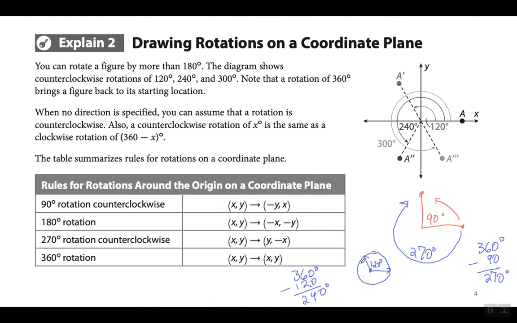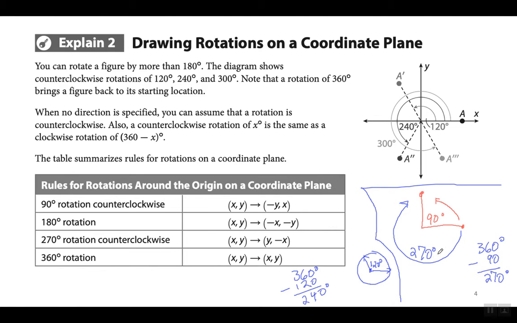Okay, now why am I bringing that up? Because you may have questions where they rotate a figure and it's multiple choice, and they're asking you to pick the right answer. So let's go back to this example right here. Let's say they rotate the figure and it's obviously a 90-degree rotation, but you look at the multiple choice and 90 degrees counterclockwise is not one of the possibilities for the answers.